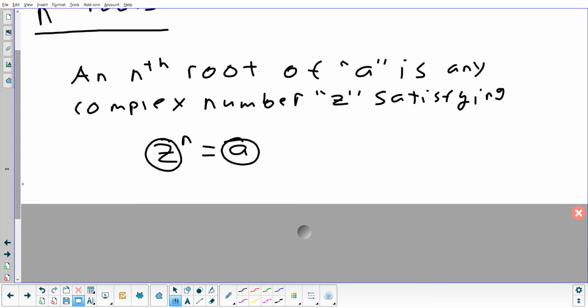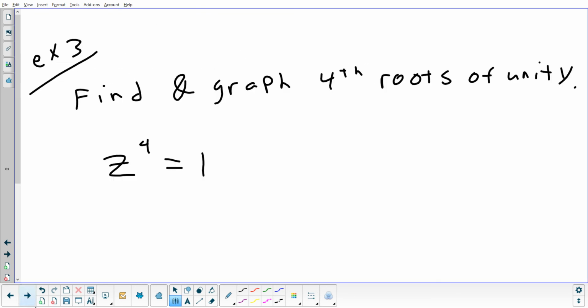Now, if you happen to be solving this type of problem, where it's basically asking you to find the fourth roots of 1, we don't have to graph them. For some reason, they don't say 1 in our book. They say unity. If it's any other number, like find the fourth roots of 2, they would just write it out like that.